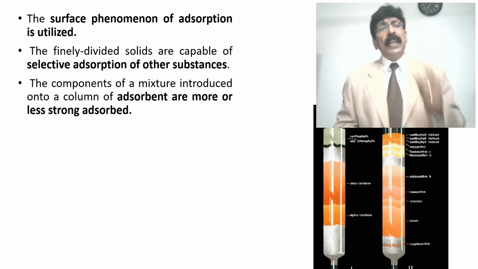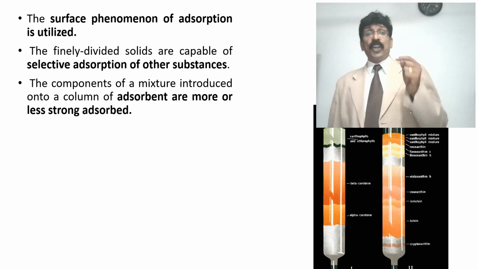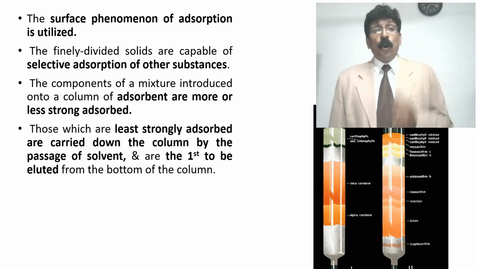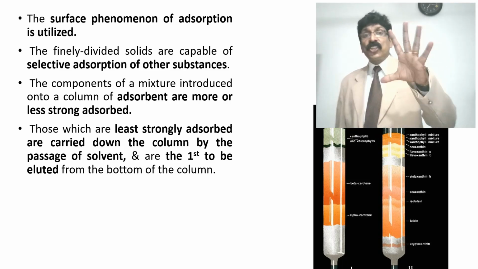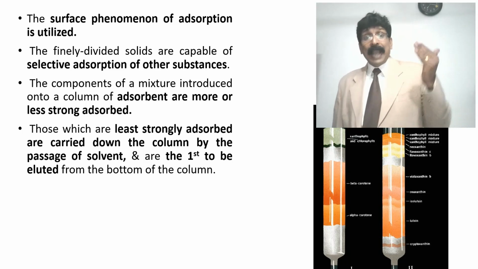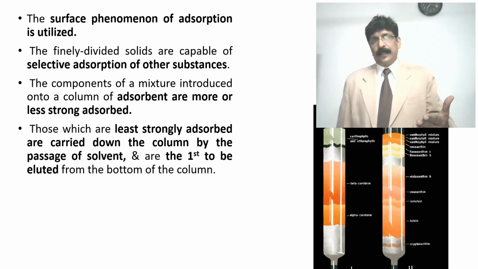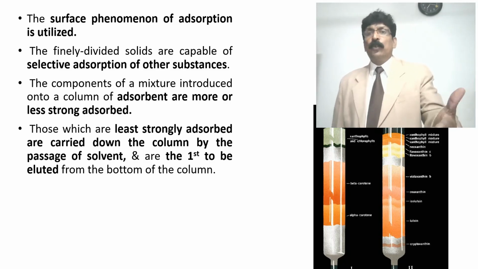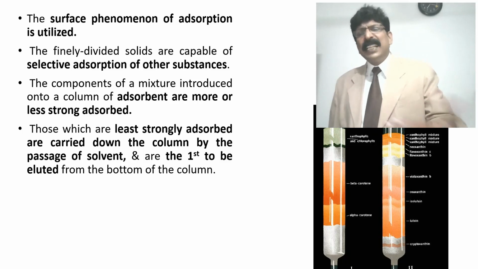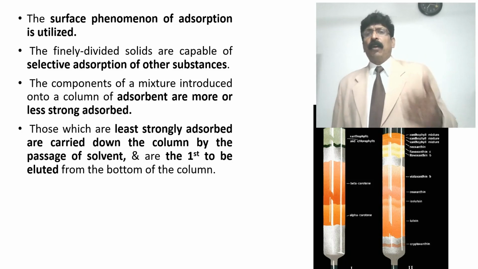The components of a mixture introduced onto the column of adsorbent are more or less strongly adsorbed. Those which are least strongly adsorbed, those which have less affinity, are carried down the column by passage of solvent and are fast to elute from the bottom of the column. First they will be eluted.